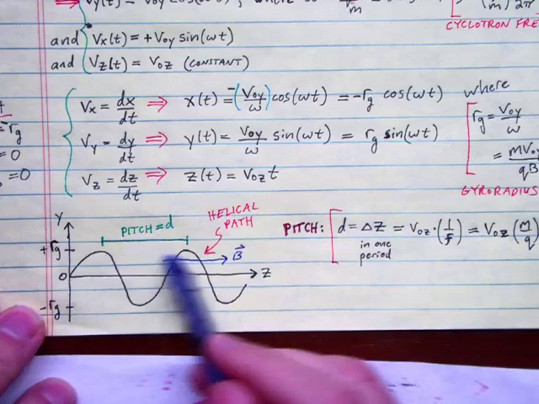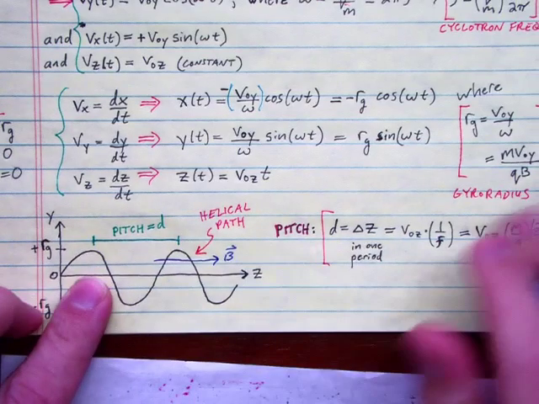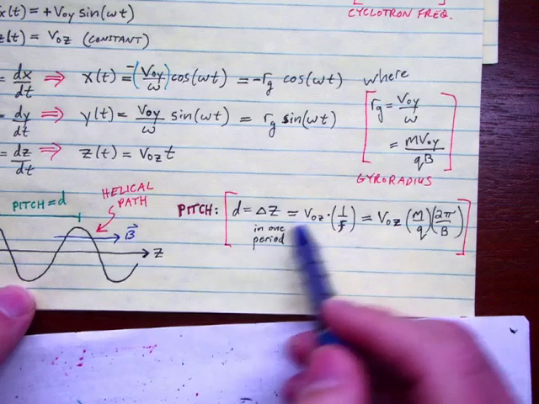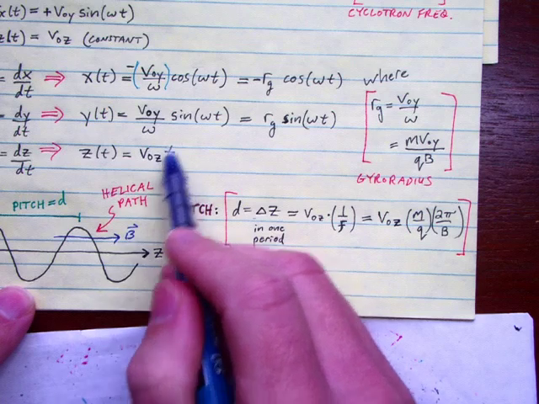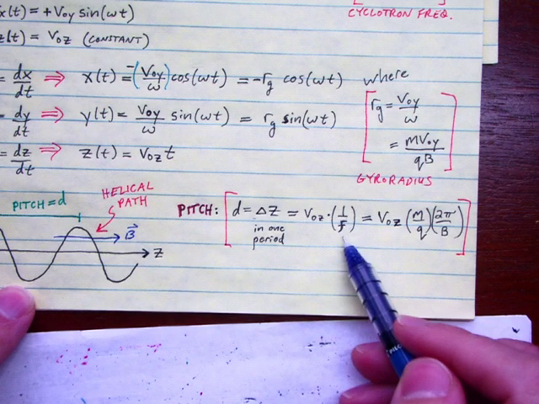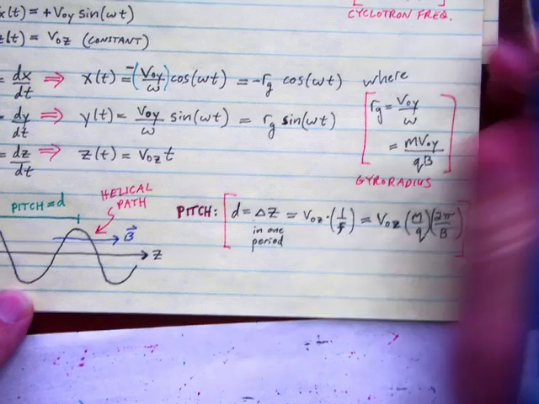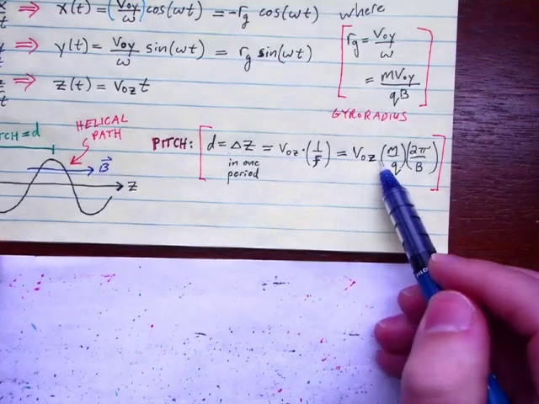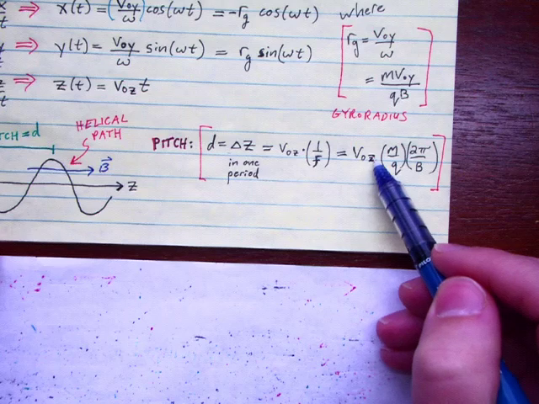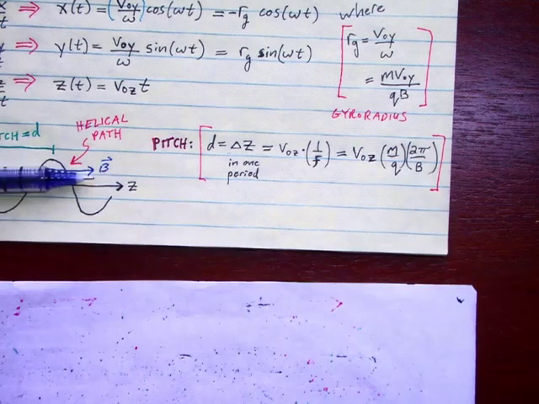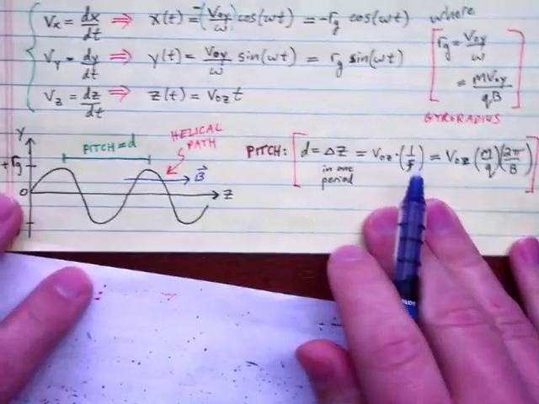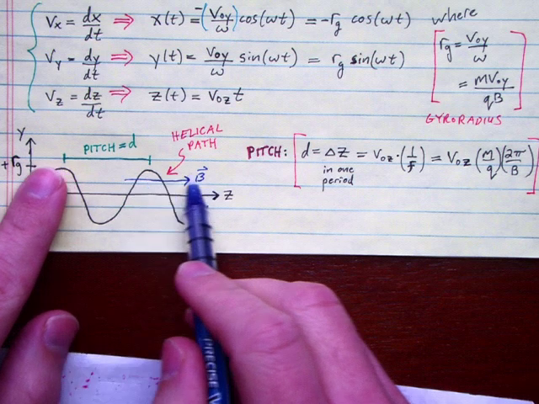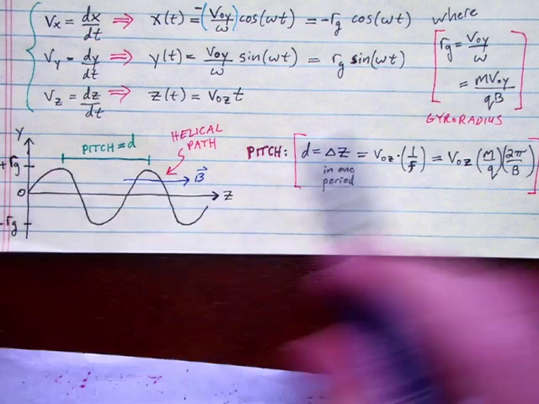The pitch of that path is that distance it travels in one period. So pitch is the delta z over one period, so v naught z, and put in the period for time here. The period is the reciprocal of the frequency. There is our cyclotron frequency. So v naught z, our z component of the velocity, the component of velocity parallel to the magnetic field, times this gives us the pitch of our helix, how sort of stretched out our helical path is.